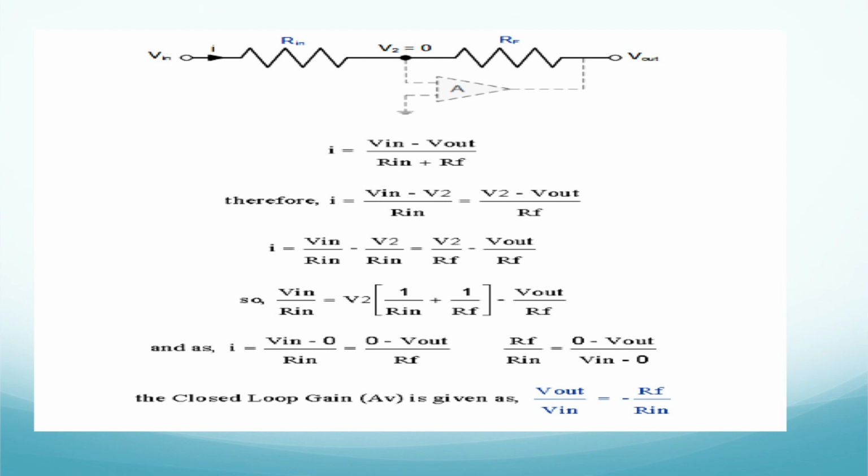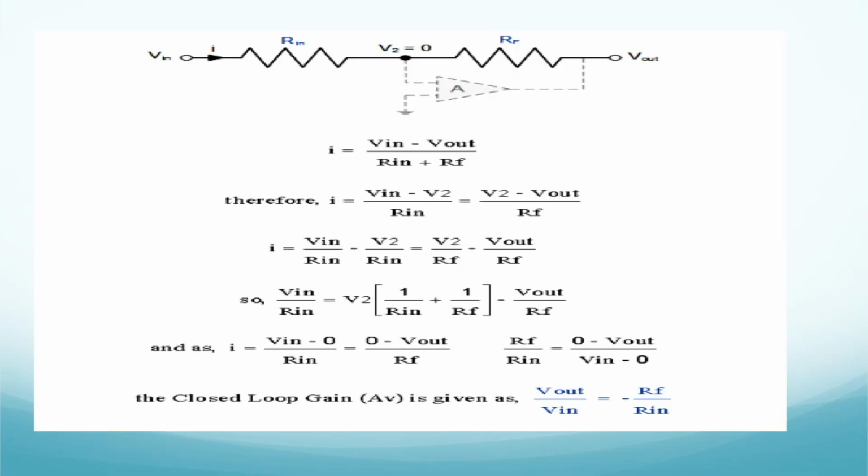Since your node voltage V2 is 0, I is equal to V in minus V out divided by Rn plus Rf. With a nodal equation at node 2, V in minus V2 divided by R1 will be equal to V2 minus V out divided by RF.